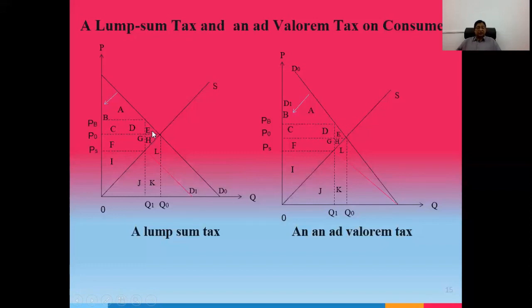Again, it is given when you subtract the reduction in consumer surplus and reduction in producer surplus from the government tax revenue.